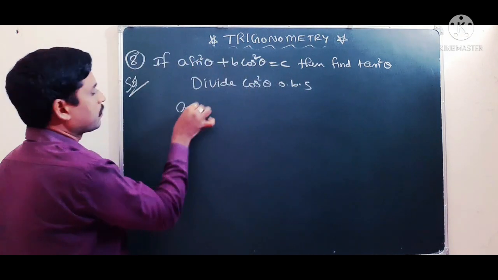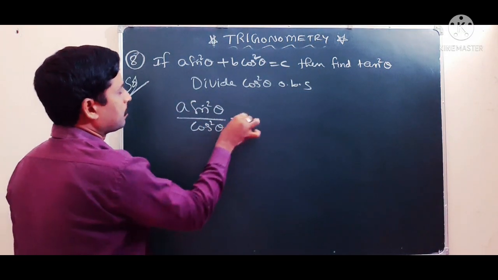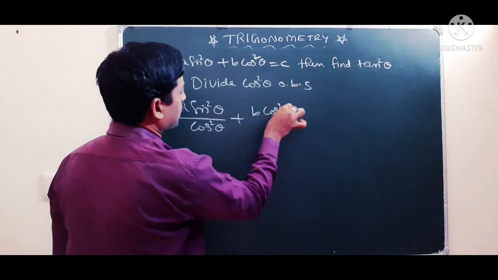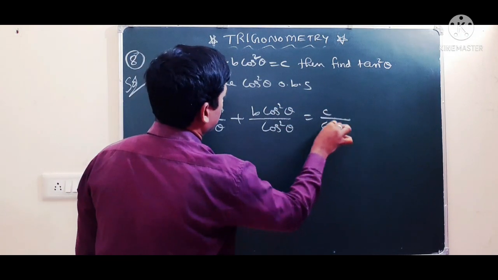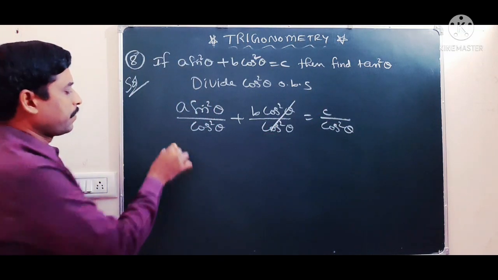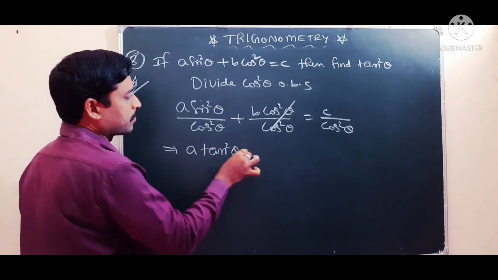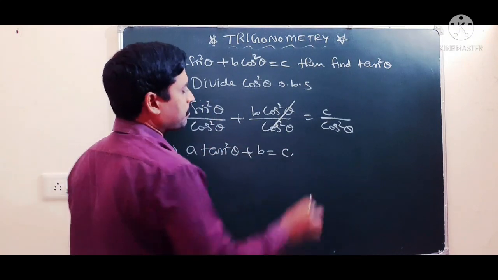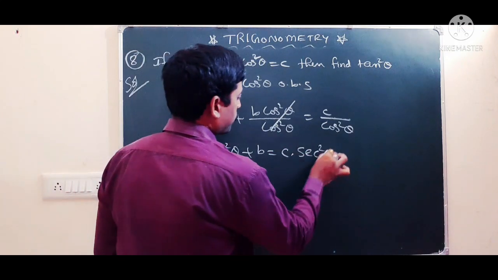So a sin square theta by cos square theta plus b cos square theta by cos square theta is equal to c by cos square theta. In this, cos square theta gets cancelled. A into sin square by cos square, which is tan square theta, plus b is equal to c times 1 by cos square, which is nothing but secant square theta.